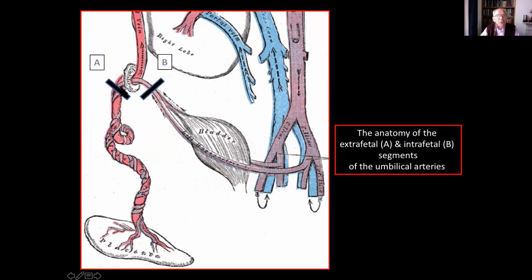And what we're going to do is look at two tissue blocks, one taken from here on the outside of the baby, and then another one on the inside of the baby. These were two stillbirths at 18 and 28 weeks, which came through our department in 2019.